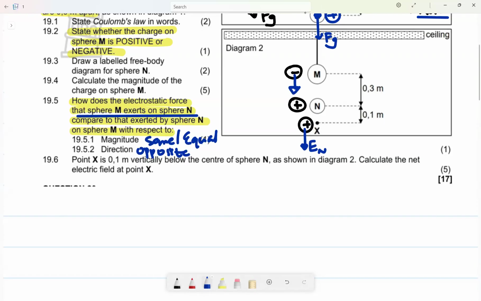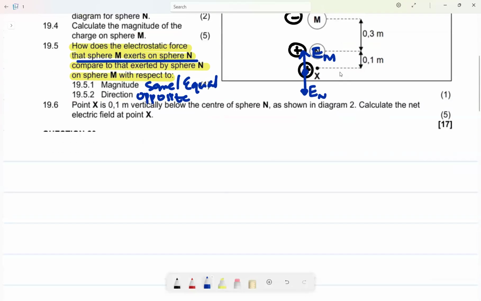So M is pulled that way, then X is pulled that way. So this is the electric field that X experiences due to M. So now, if we were to calculate the net electric field, it means we need to calculate the electric field due to M, also the electric field due to N, and do the net.